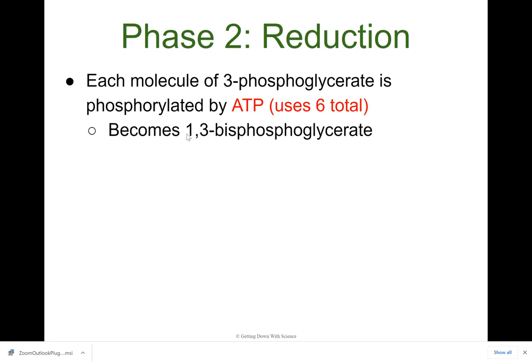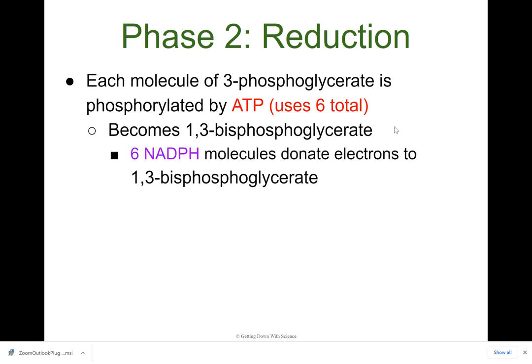It then becomes what we call 1,3-biphosphoglycerate. 6 NADPH molecules are then going to donate electrons to this 1,3-biphosphoglycerate, which reduces it to G3P.